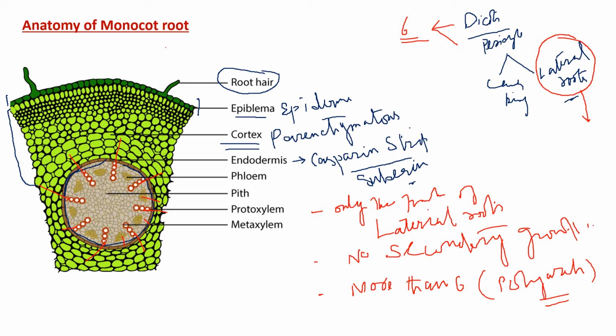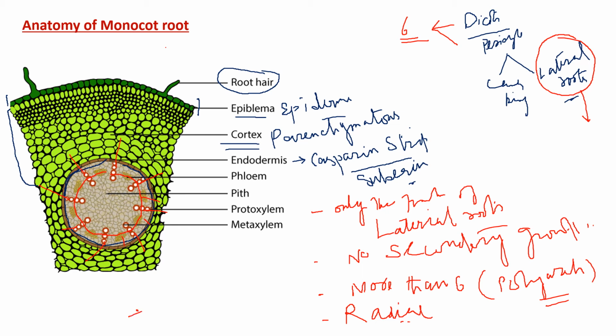In case of dicot root, the most prevalent condition is the tetrarch condition, when you have 4 xylem and 4 phloem bundles. Then the arrangement is radial, so the xylem strands and the phloem strands are arranged radially. You have separate xylem and phloem strands, unlike in case of stem.